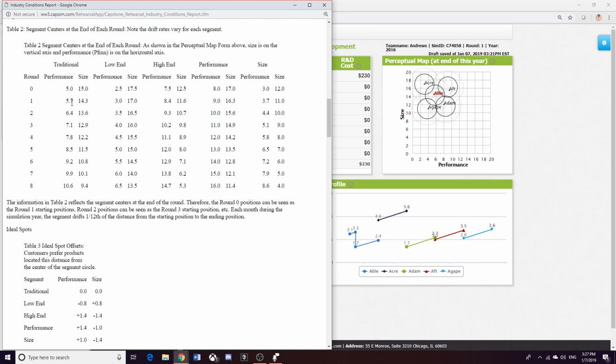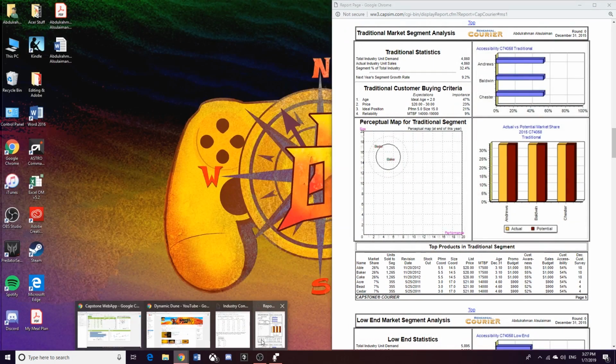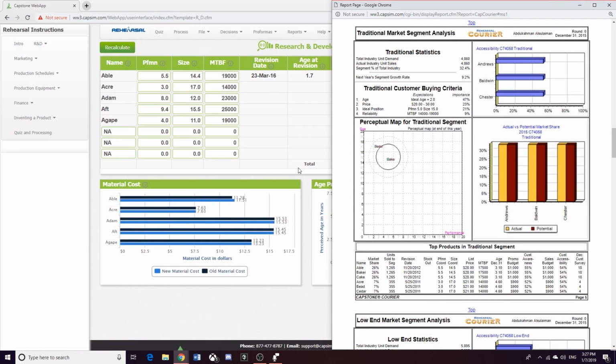You can increase performance by 0.1. So instead of 5.5, you can increase performance to 5.6, and that's gonna shift you away from the middle. But that's okay, because age is more important for traditional segment, as we discussed in the customer buying criteria video.